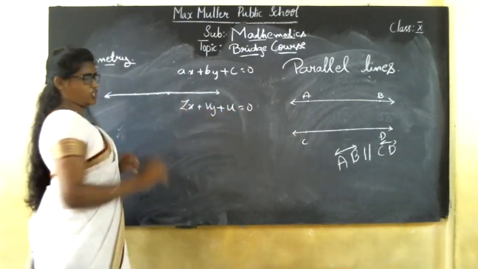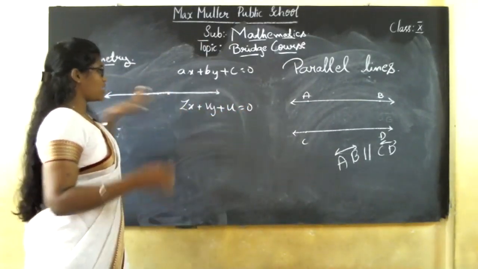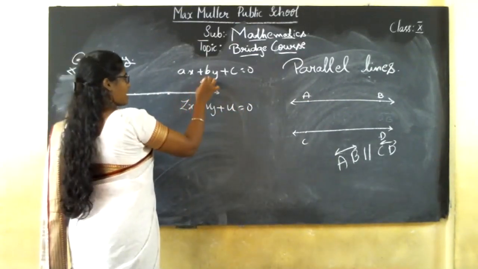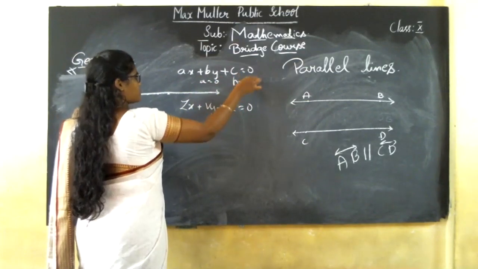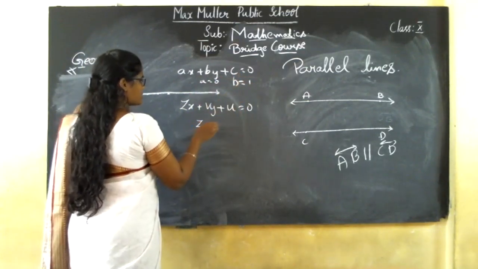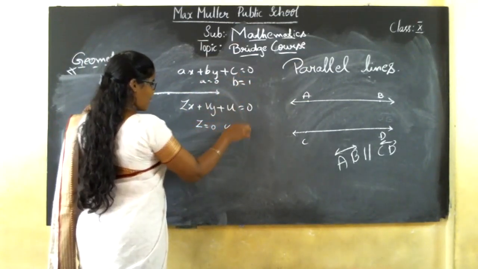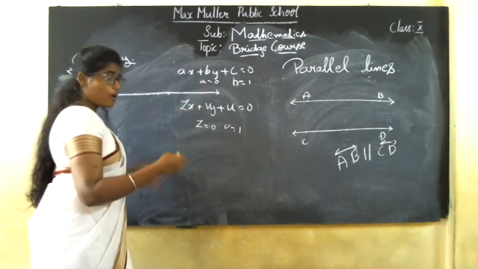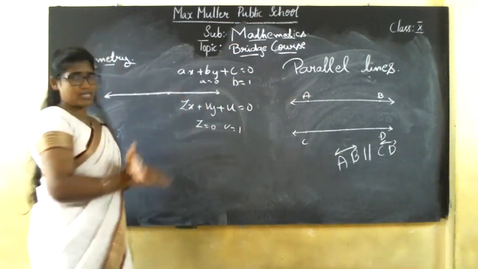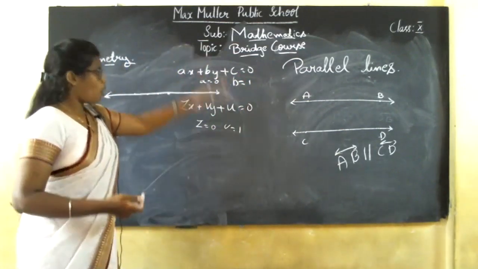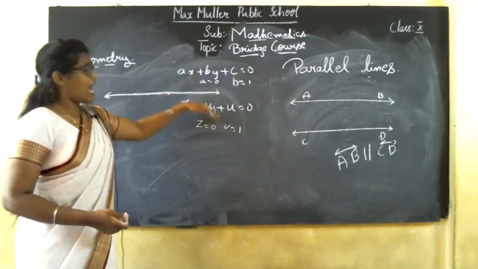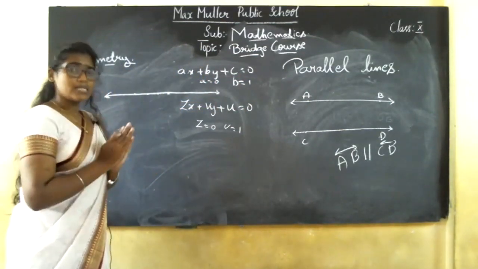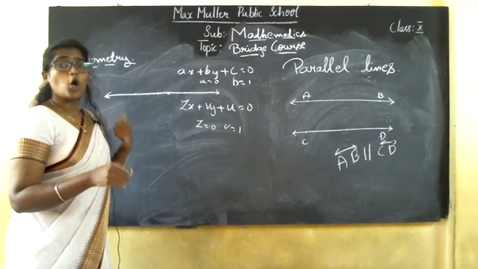This is another equation. If both equations form one line itself, that is, if here the a value is 0, b value is 1, and here also the z value is 0 and v value is 1. At that time, when you draw it on a graph, if all the points of these two lines are intersecting each other, ella points intersect ಆಗ್ತಾ ಇದೆ ಅಂದ್ರೆ it is a coincident line.